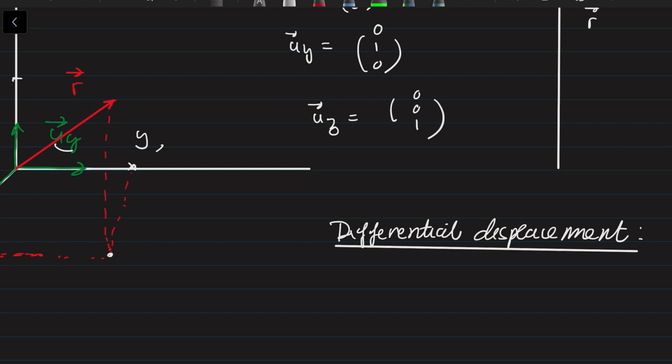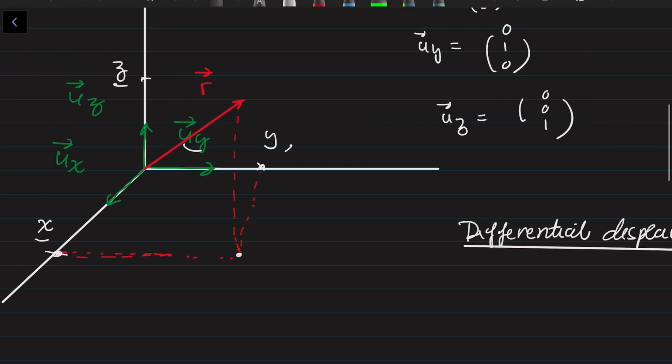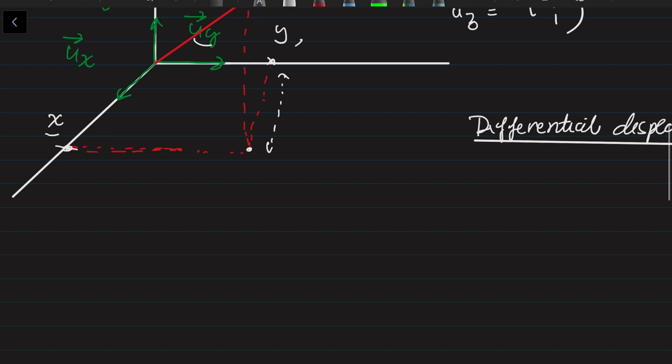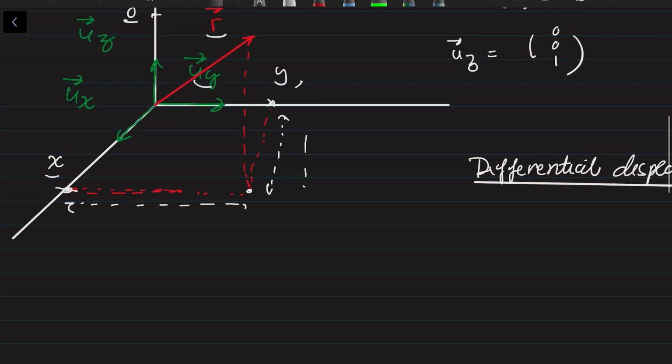The next thing we can ask is, how do I describe something's position in Cartesian coordinates? As you can see, I've written my position vector r, which is this red arrow. To know the position vector r, I need to know where I am on the x-axis, which is this length. I also need to know where I am on the y-axis, which is this length, and where I am on the z-axis, which is this height.